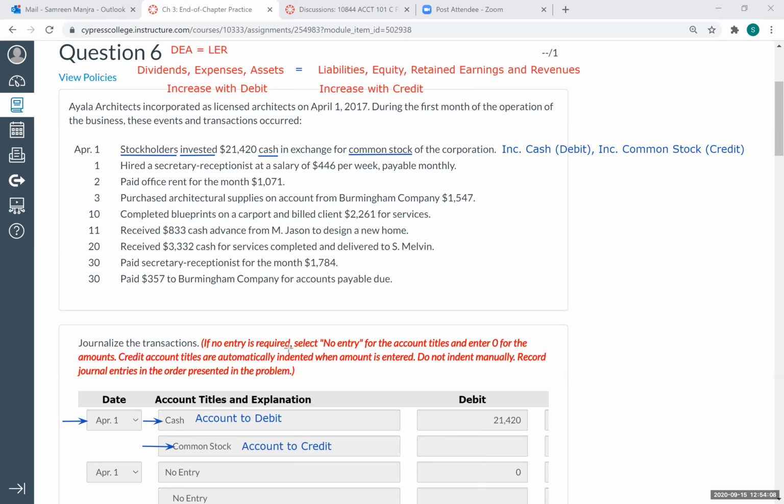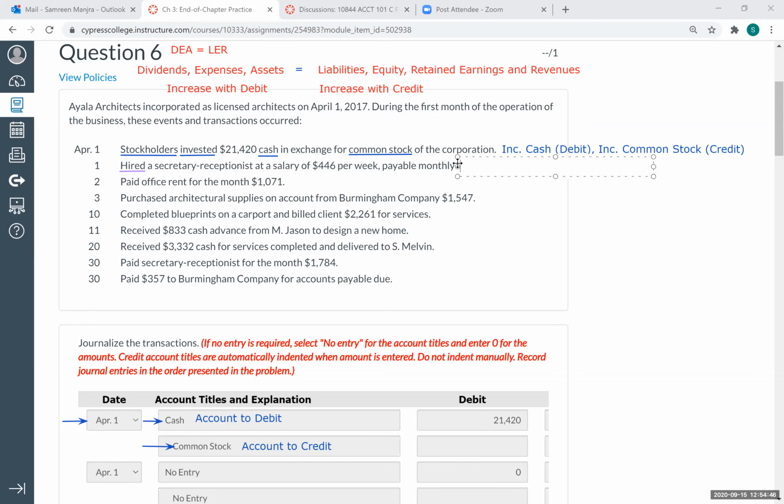In the next transaction, also on April 1st, the company hired a secretary receptionist at a salary of $446 per week, which is payable monthly. Because they have only hired the secretary, who has not yet worked, there is no impact to assets, liabilities, or equity. That secretary can decide that they don't want to work for Ayala Architects and choose employment somewhere else.